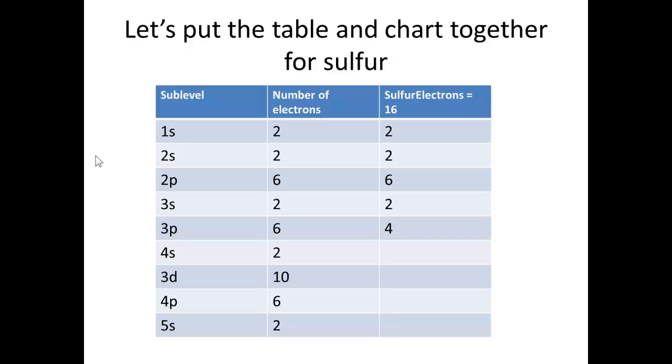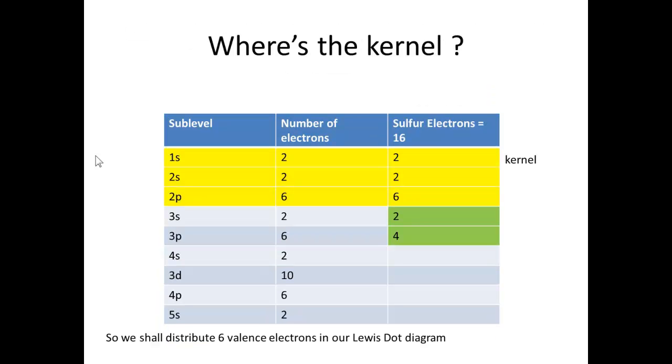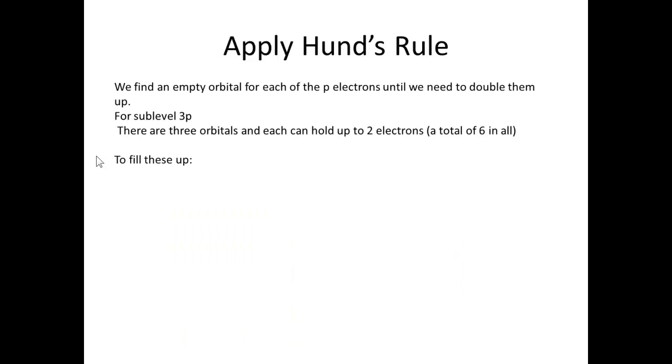So I add that up, 2 plus 2 plus 6 plus 2 plus 4 is 16, so I've got my 16 electrons. My kernel will be the 1s, 2s, 2p, and my valence electrons will be in 3s and 3p. So we apply Hund's rule, we find an empty orbital for each of the p electrons until we need to double them up.